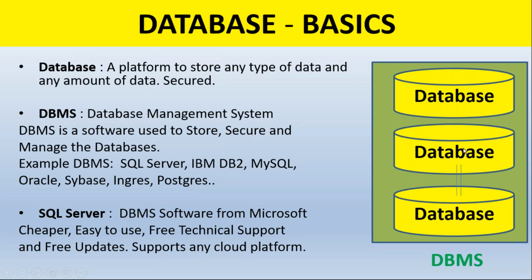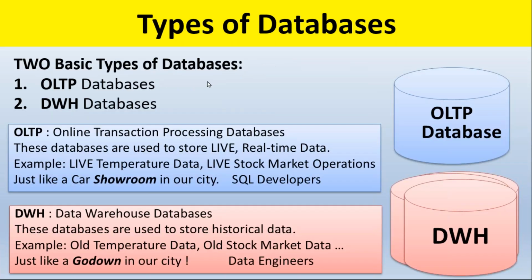Databases are the rooms inside the house. Our house has multiple rooms, multiple types of rooms like living room, store room, so on. Same way, types of databases. Two basic types of databases.